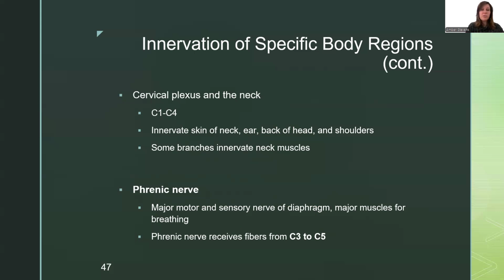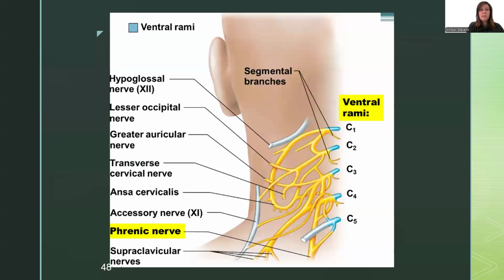So damage to the phrenic nerve can impair breathing, and so it is a very vital nerve for our survival. And here is an image of what those look like, where you can see it highlighted where the phrenic nerve is located within the neck.